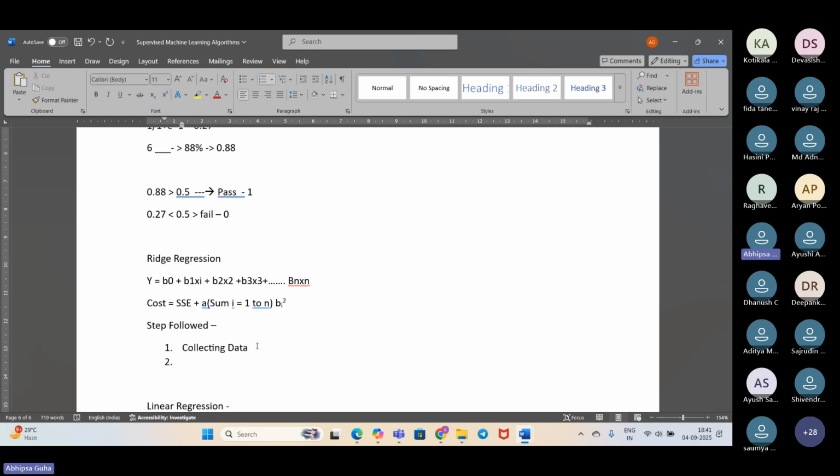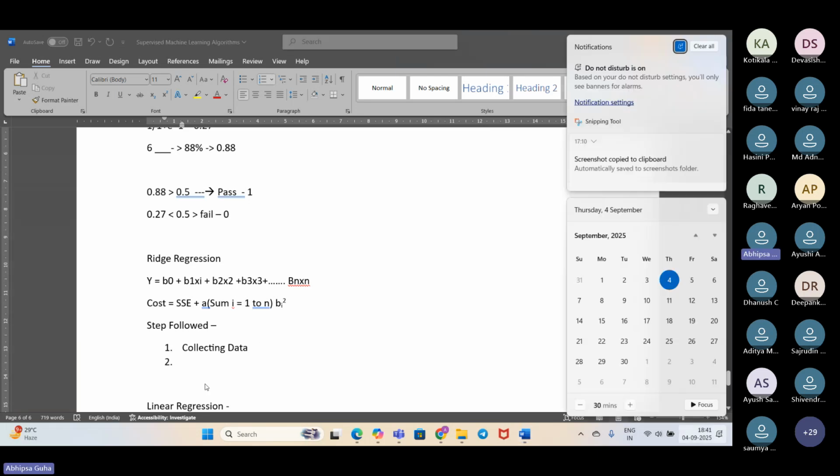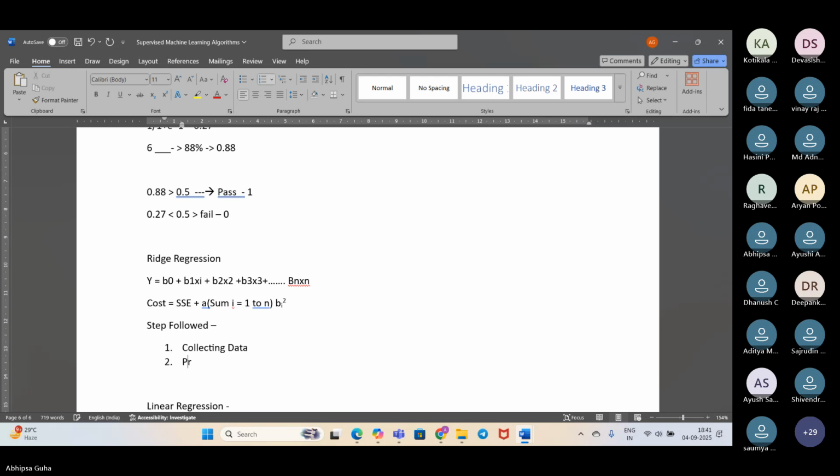The next stage is pre-processing, which we need to do. The third step that we need to consider is we need to split the data accordingly. After splitting the data, we need to fit this ridge regression model.